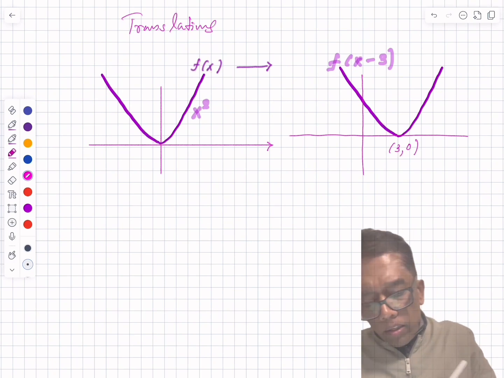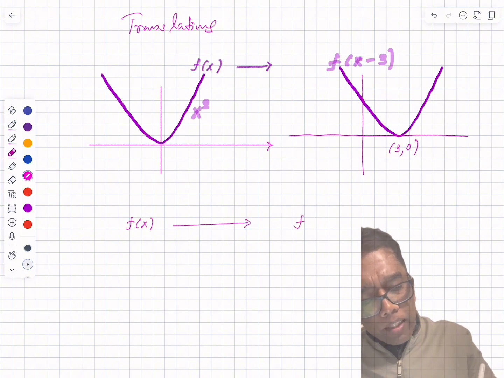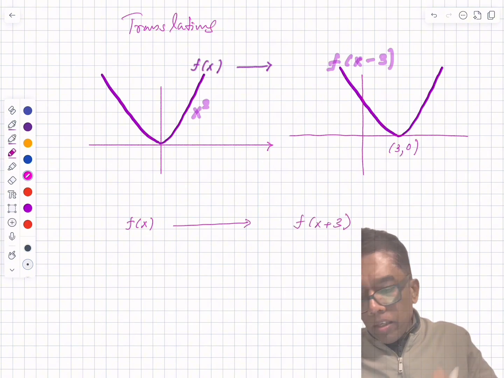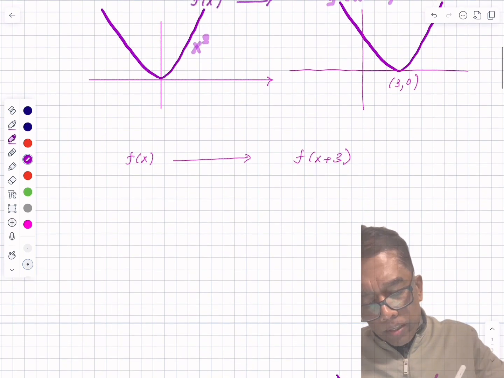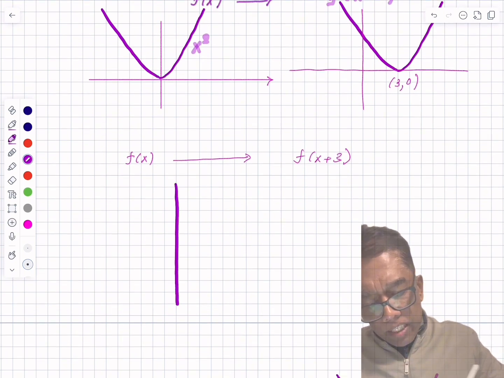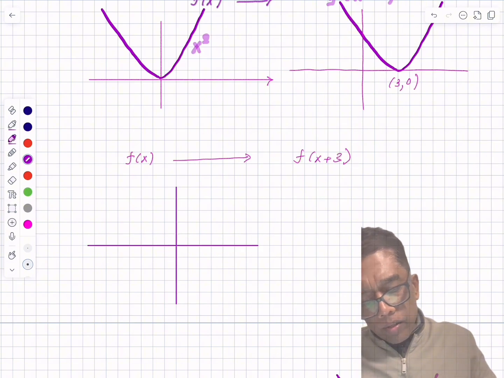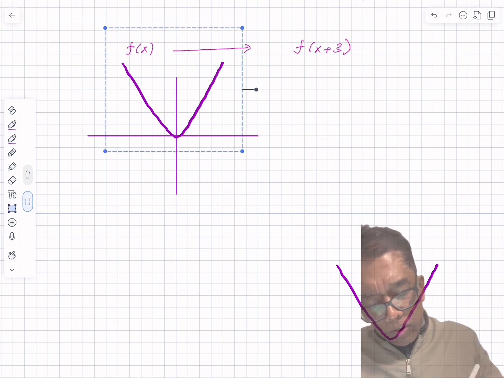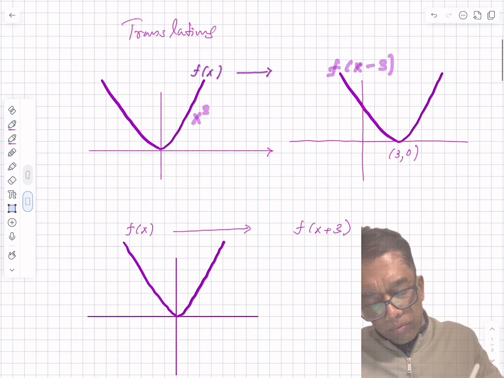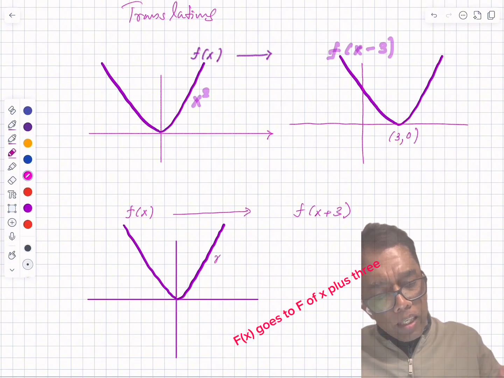The next one, f(x) goes to f(x + 3). I'll consider f(x) = x², then f(x) goes to (x + 3)².